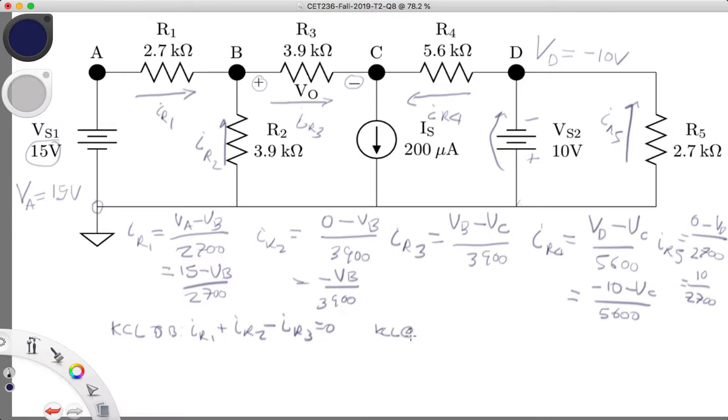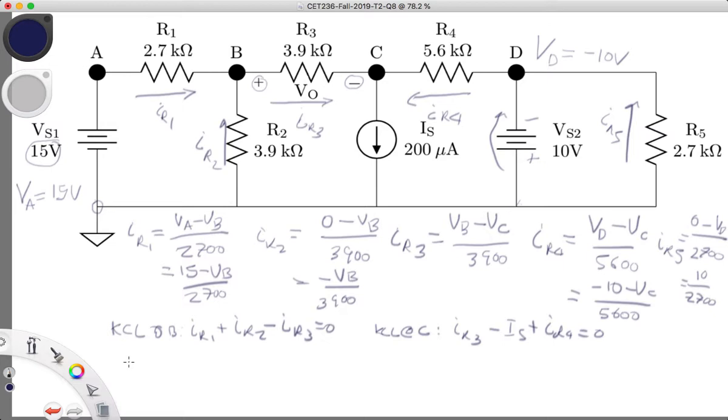KCL at C is IR3 minus IS plus IR4 equals 0. And that's about all we can do. So we've got 4 nodes. We already know the voltages at A and D, so we only need 2 equations and 2 unknowns, so that should be enough.